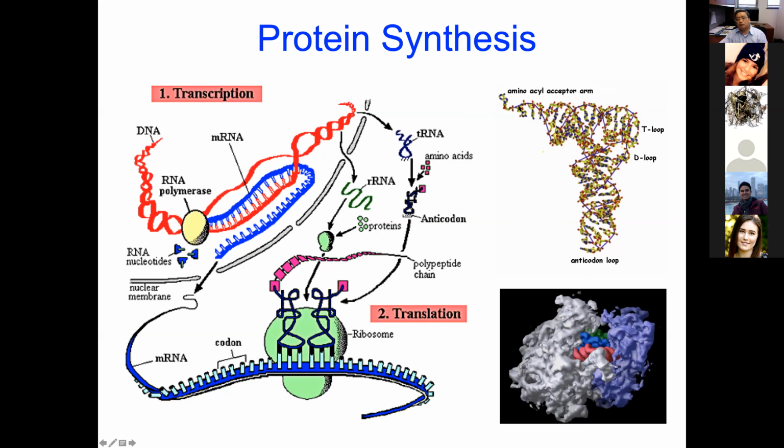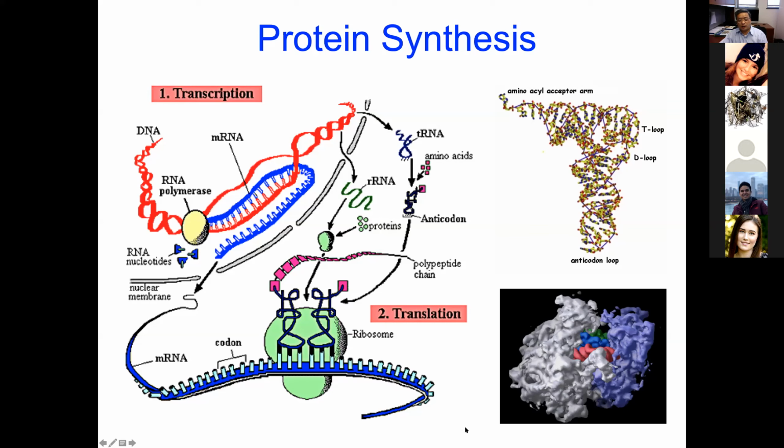They have this inverse L shape, 3-dimensional structure. And here is a low resolution structure, an electron microscopy structure of the ribosome with those tRNAs bound to it. You see 3 of those have different colors, bound to the interface of the large subunit and the small subunit of the ribosome.